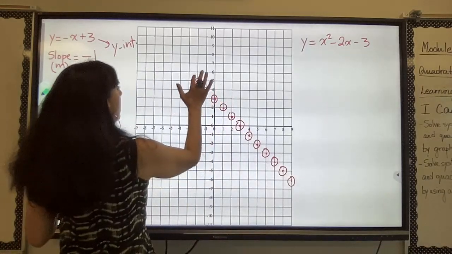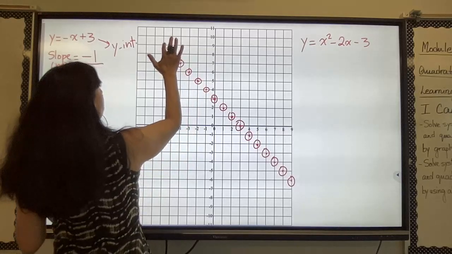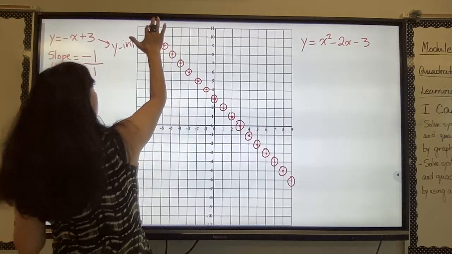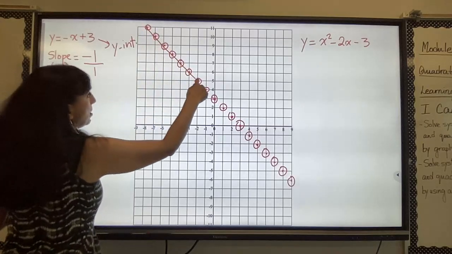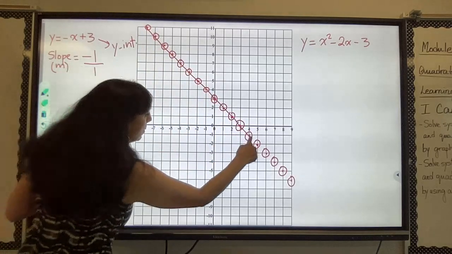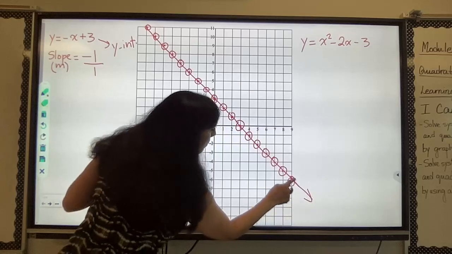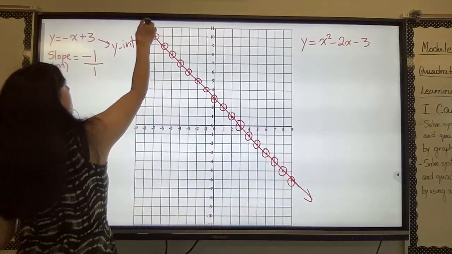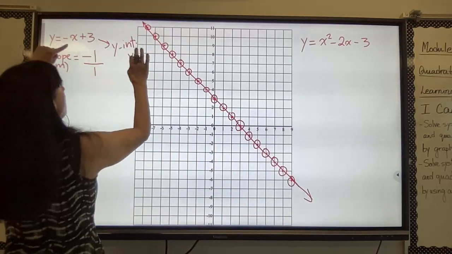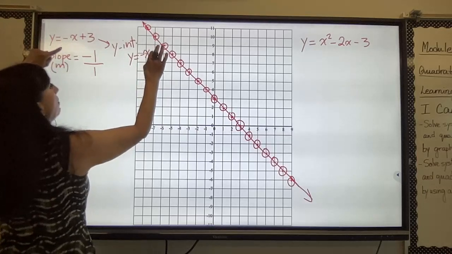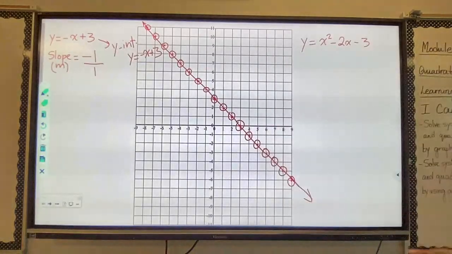And this is my linear equation. Okay, so if I graph this, I just draw that line right across. All right, so this is my linear equation, which is y is equal to -x plus 3. Okay, so I've graphed my linear.